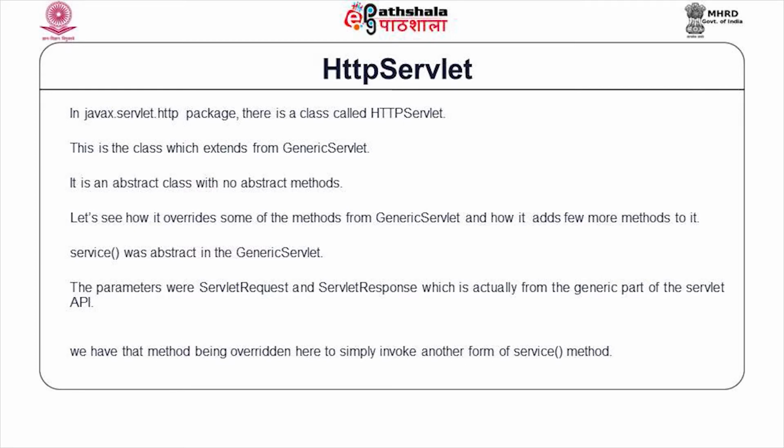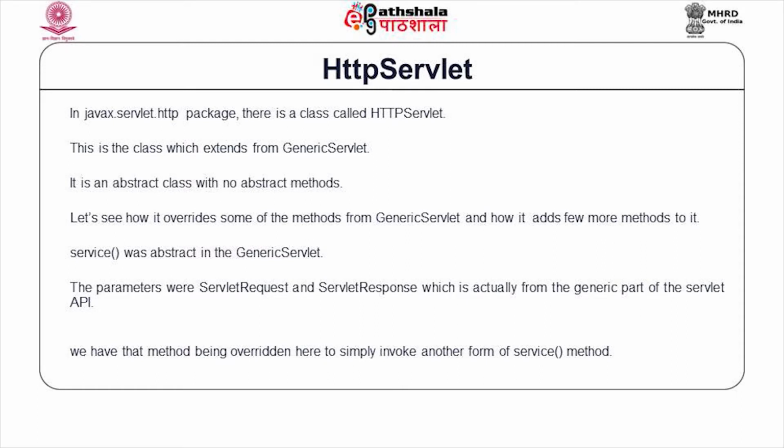This class extends from generic servlet, so it has all the methods of servlet. Though this class is abstract, it does not have any abstract methods; it is simply an abstract class. Let us see how it overrides some of the methods from generic servlet and how it adds a few more methods.